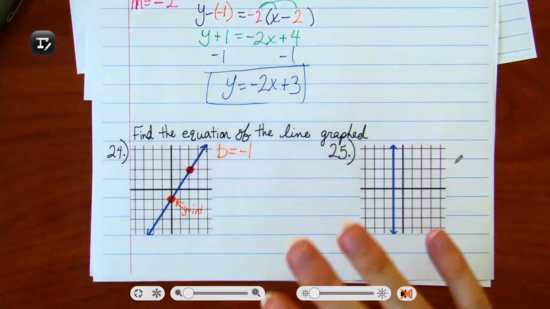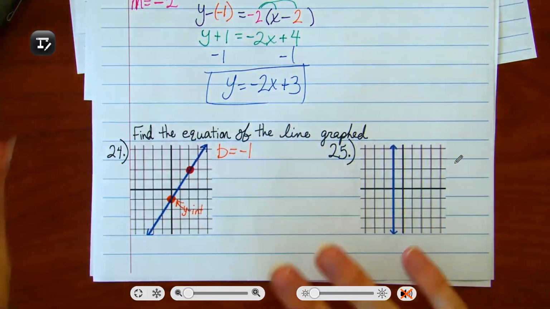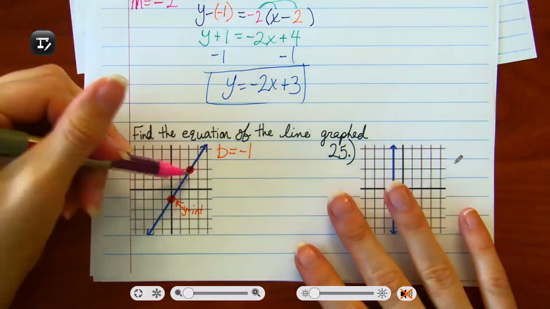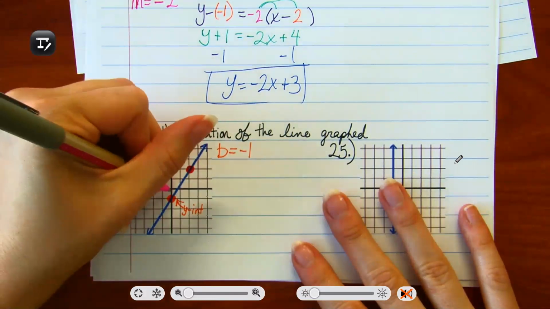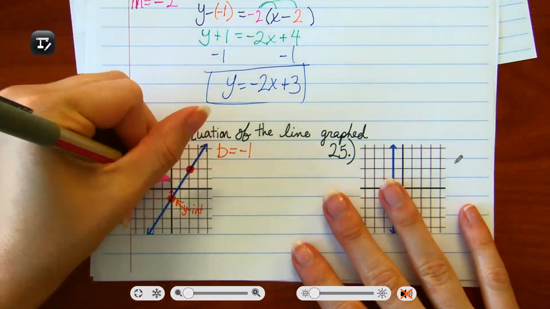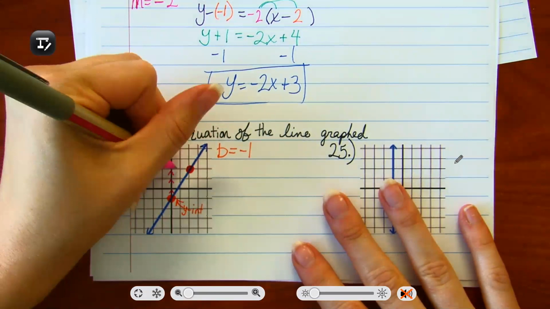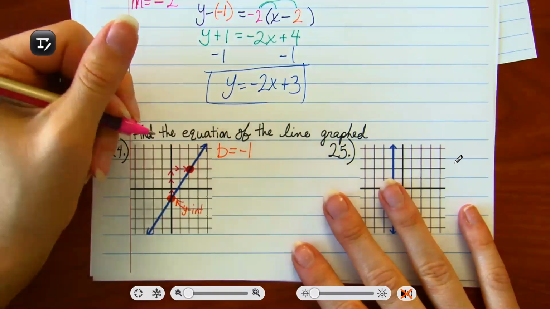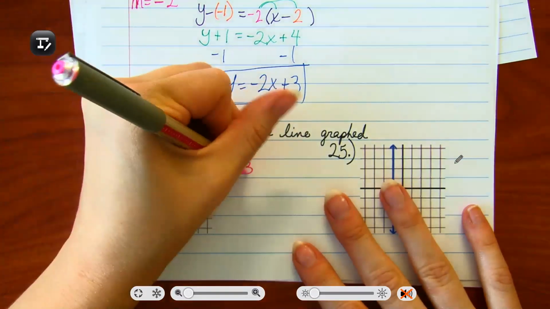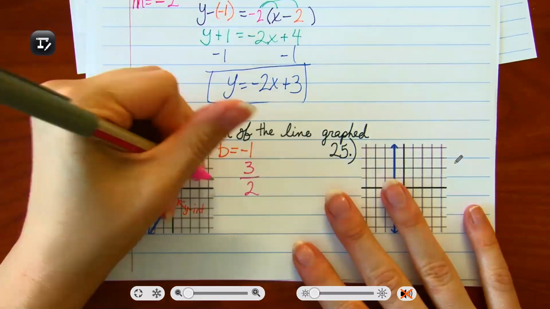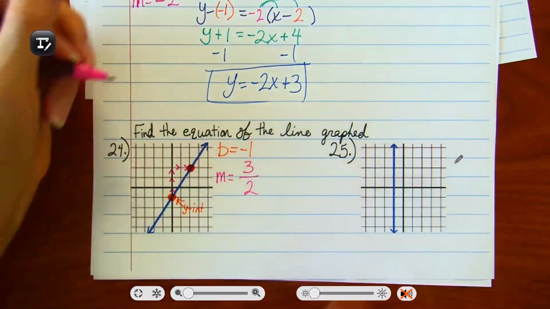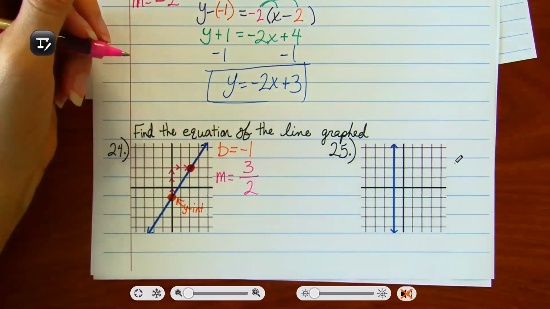So I'm going to count going from left to right, from one point to the next. I have to go up 1, 2, 3, and over 2. I have to go up 3 and over 2, which makes my slope 3/2.